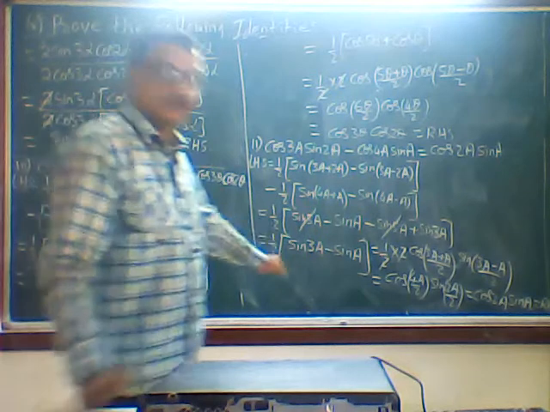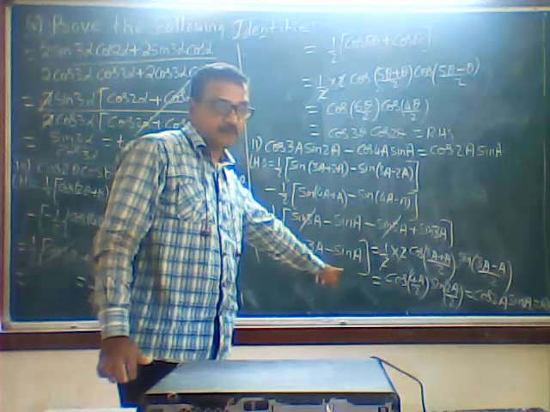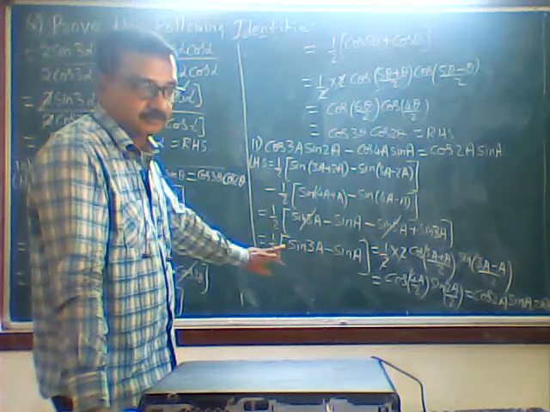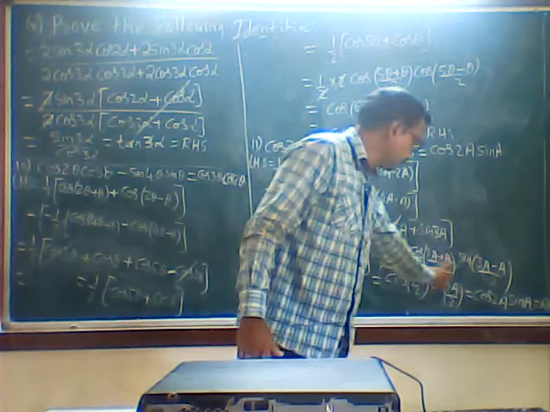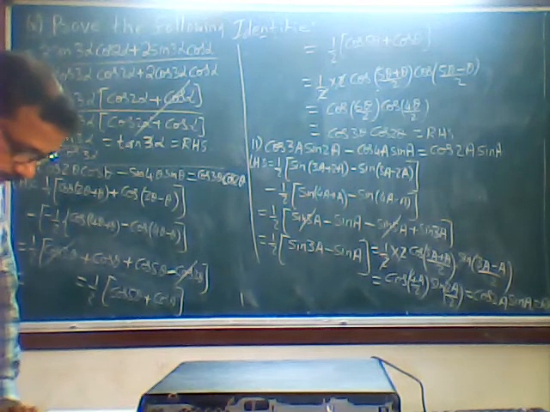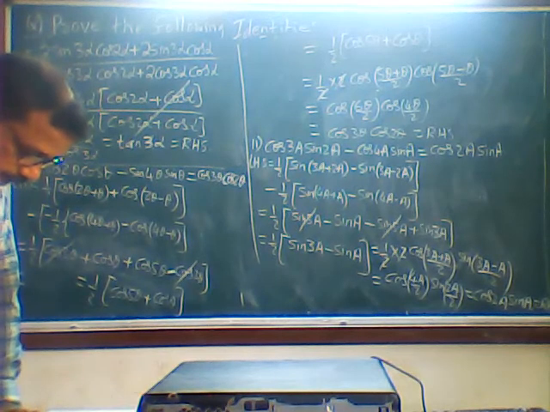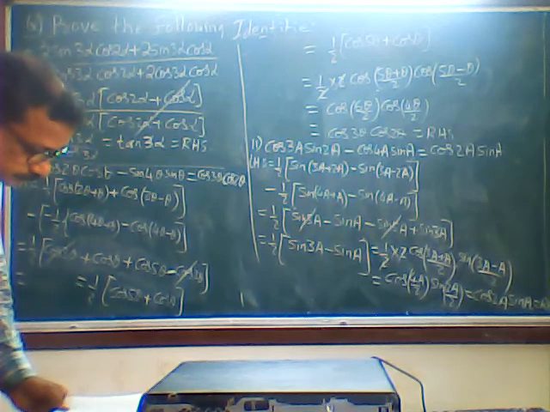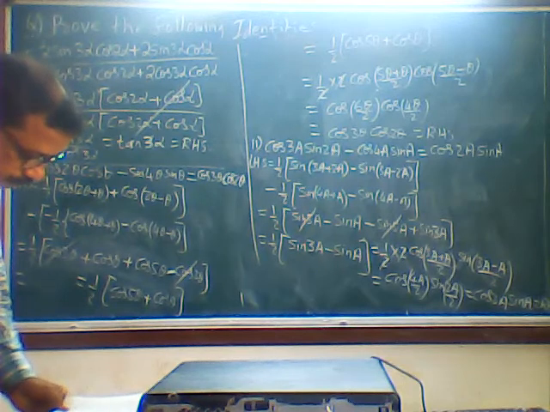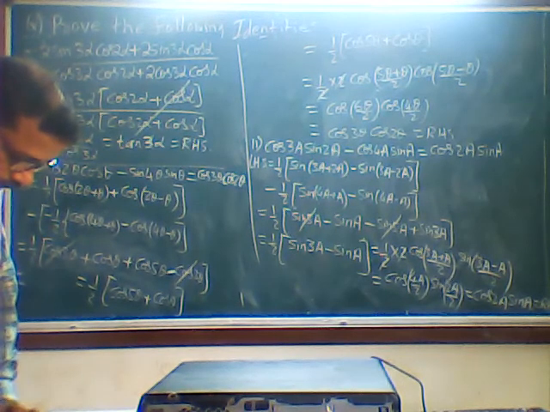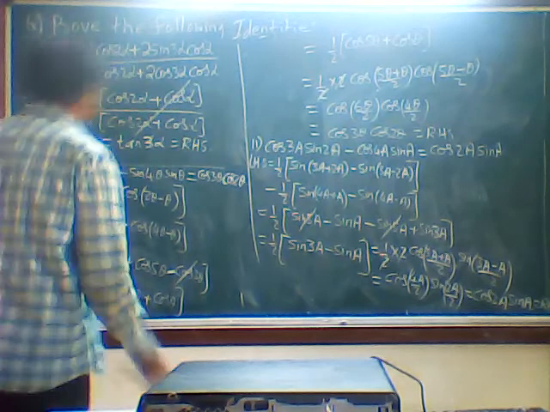This is nothing but the sin C minus sin D formula, which gives cos of (C plus D) by 2 into sin of (C minus D) by 2. Then I got this, that is the answer. Next, I'll write the problem.